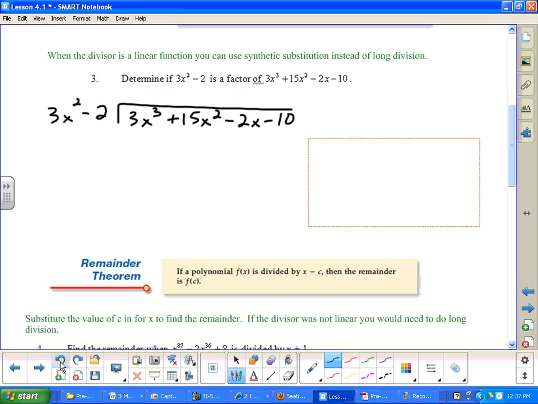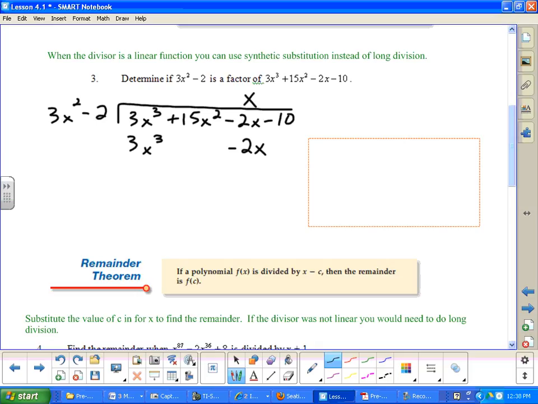All right. So 3x squared into 3x cubed, that would be x. All right, so we're going way over here, x. We multiply, we get 3x cubed minus, oh, that's 2x, isn't it? All right, so that means I need to put it underneath the x term.